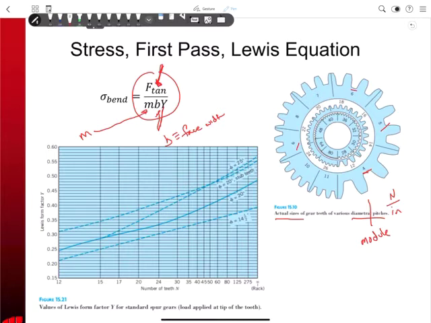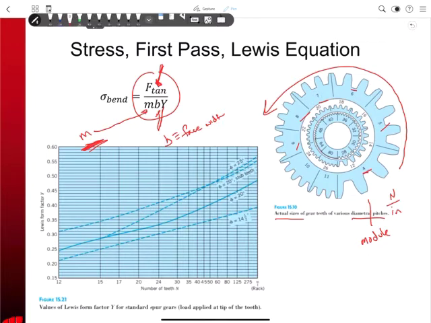As my diametral pitch gets bigger, my teeth get smaller, which means that for module, as the module gets bigger, the teeth get bigger. So does that make sense? Sure. As my module gets bigger, the teeth get bigger, which reduces the stress. Okay, that makes sense.